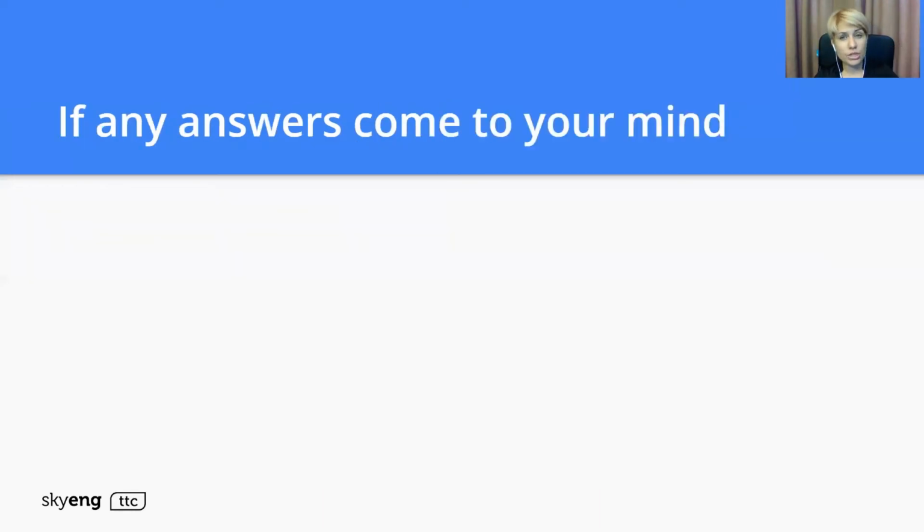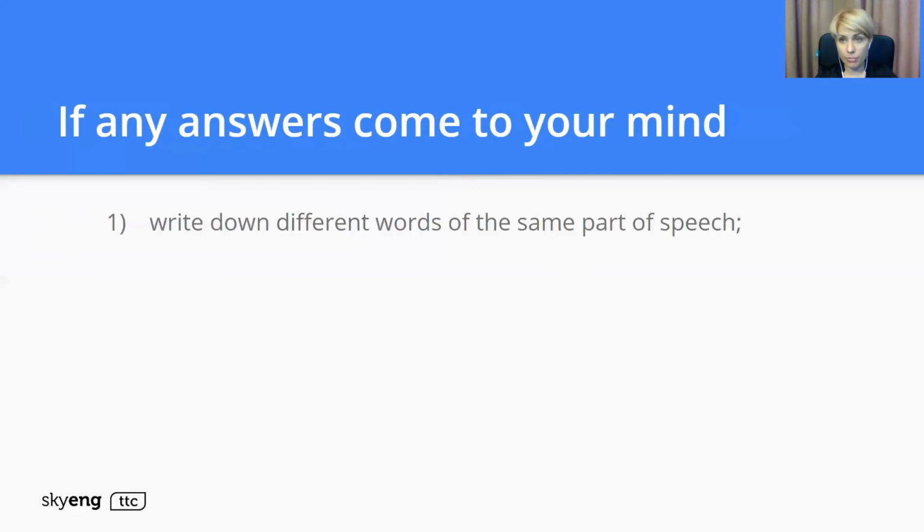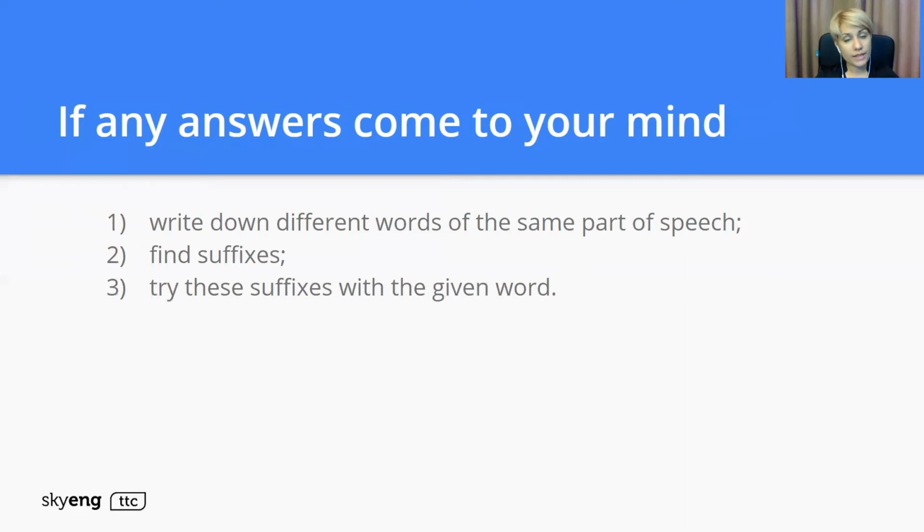If you don't have any answer, you can write down different words of the same part of speech, find the suffixes there, and try the suffixes with the given word. Like, for example, we have got the word imagine, and we need a noun, and we try to use, like, I remember the noun development.